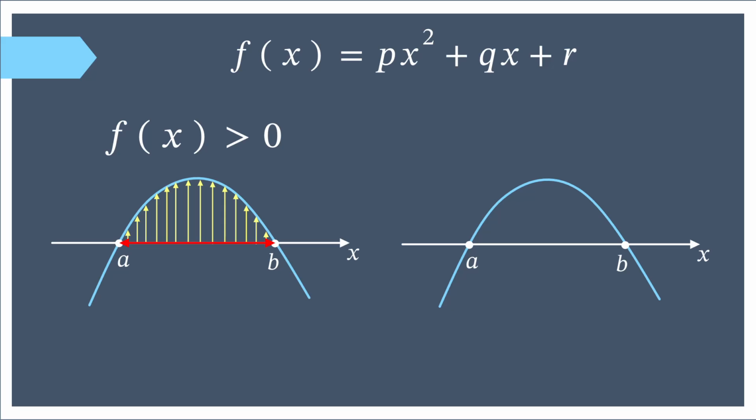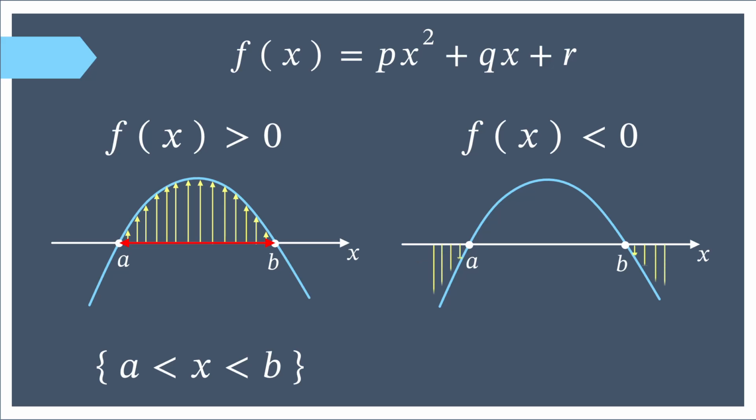So the solution will be a to b. But for f of x is less than 0, we say the graph is below the x-axis for values of x that are less than a and values of x that are greater than b. That's where the graph is below the x-axis. So the solution set will be this.